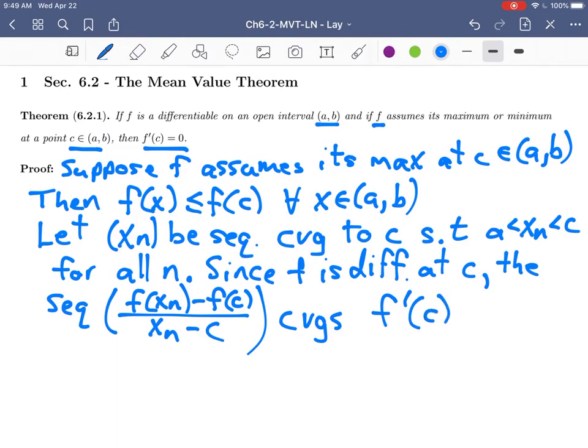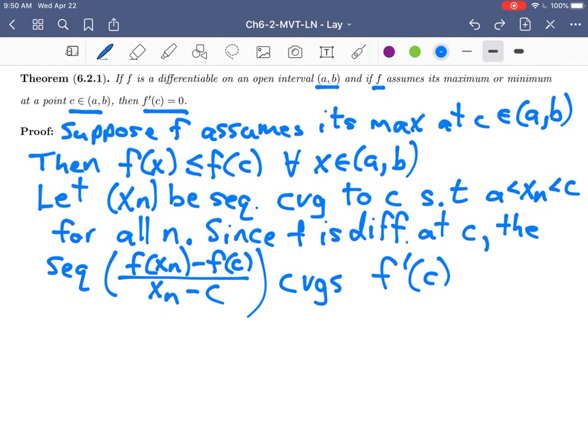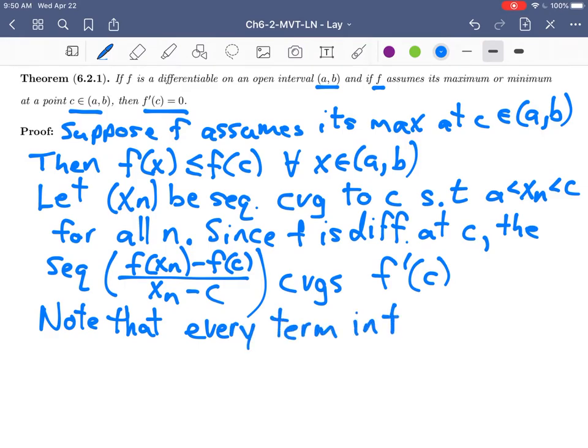But what do we know about this sequence right here? Well, the way that this sequence has been chosen, we can note that every single term in this sequence is non-negative.